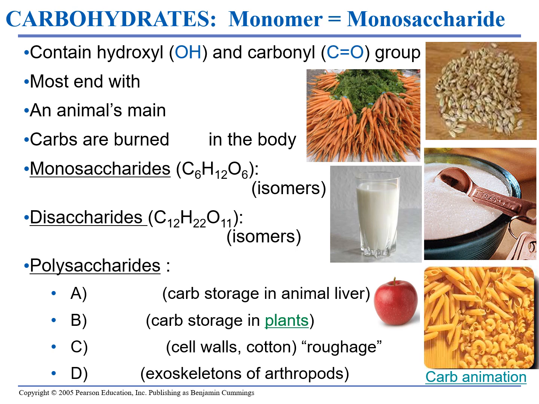It's important to know what carbohydrates end with. This will help you identify when you're given a name. So most carbohydrates end with -ose. You'll see that when we list the types of carbohydrates. An animal's main energy source is carbohydrates. They're burned first in the body.